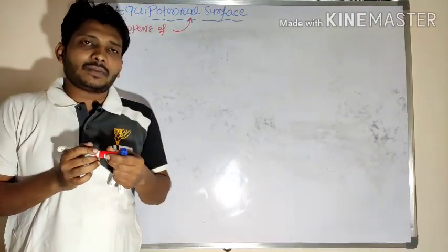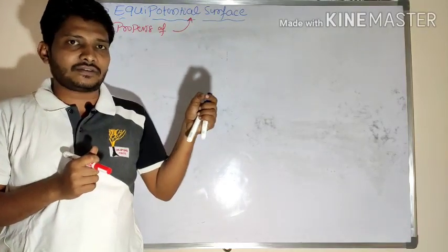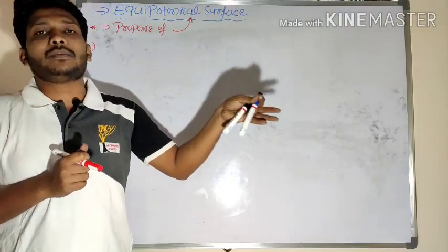So in the case of an equipotential surface, for example, I have one charged particle on the equipotential surface. I want to bring the charged particle from one point to another point on the equipotential surface.